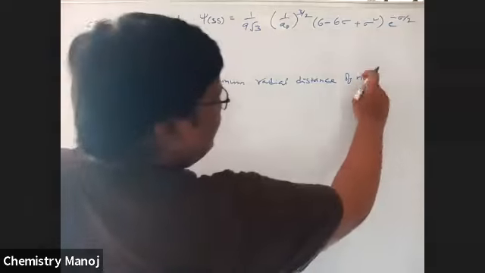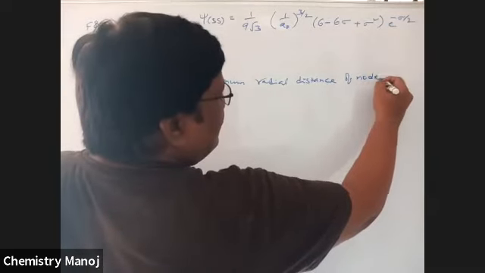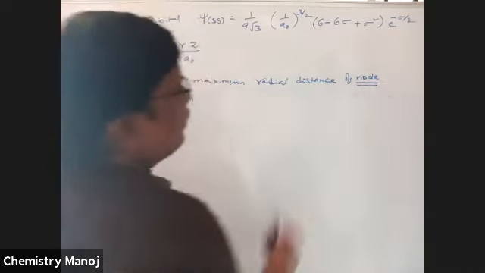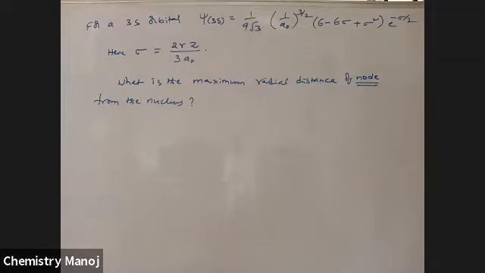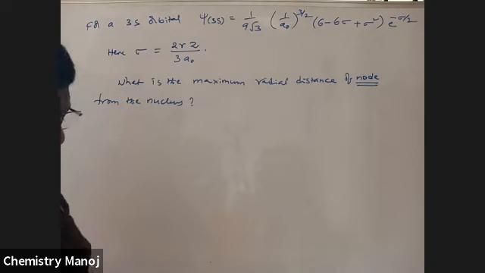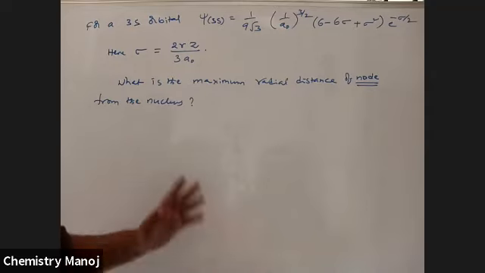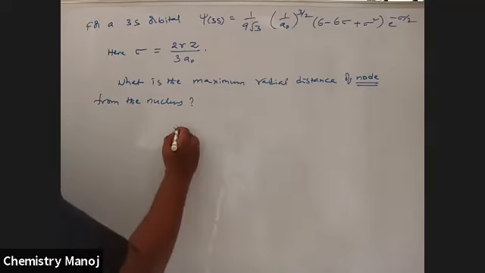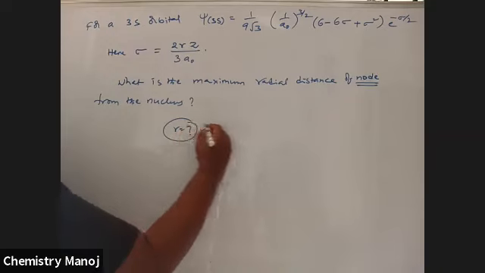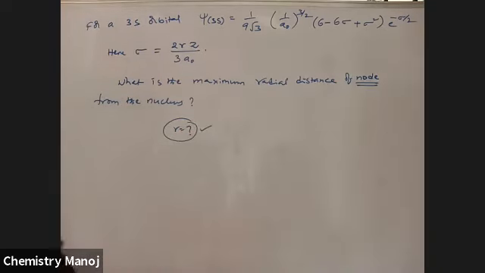My dear boys, it is a node. Node means psi square is equal to 0, or psi is equal to 0. From that, find out the node, that is, how much is the R. Try it yourself.